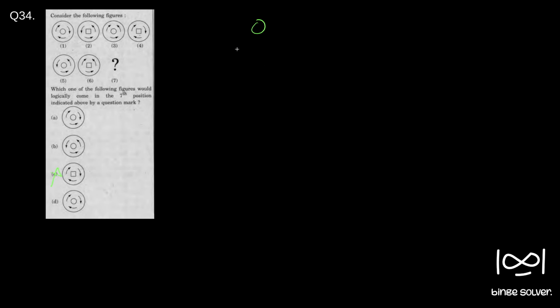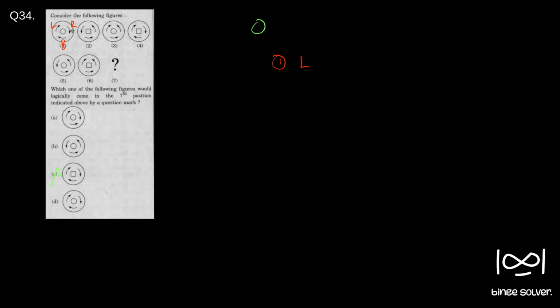So we have to see how the arrows change. So for easiness, I will just call this arrow the left one, this arrow the right one, and this arrow the bottom one, so that I can easily refer to these arrows. So if you see from first to second, which arrows are changing? Left arrow is getting inverted, so left arrow is changing.